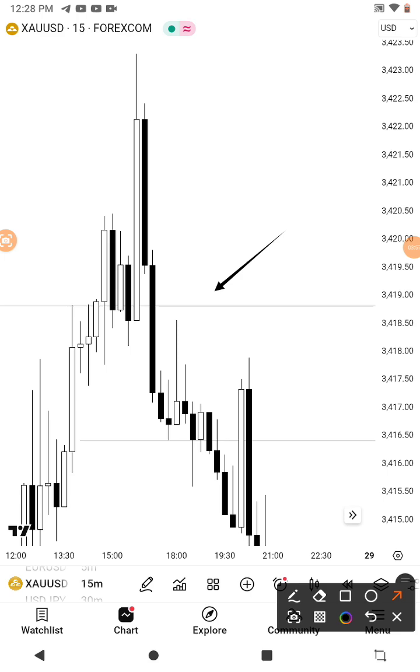But whenever there's a fair value gap, you take the risk according to how you planned it. But when there is no fair value gap, you divide it by two. Let's say you are risking $50 in this trade, and there is no fair value gap. What you need to do is cut it to 25.